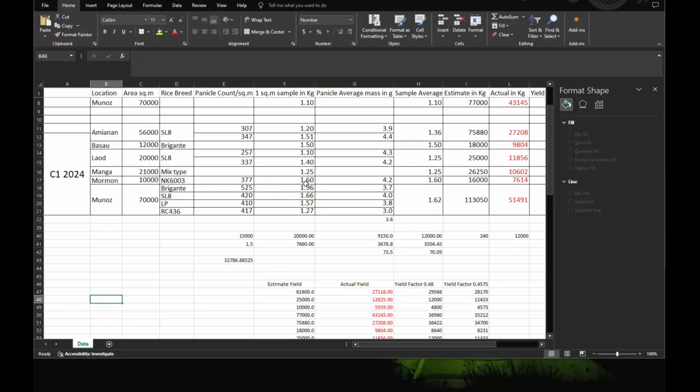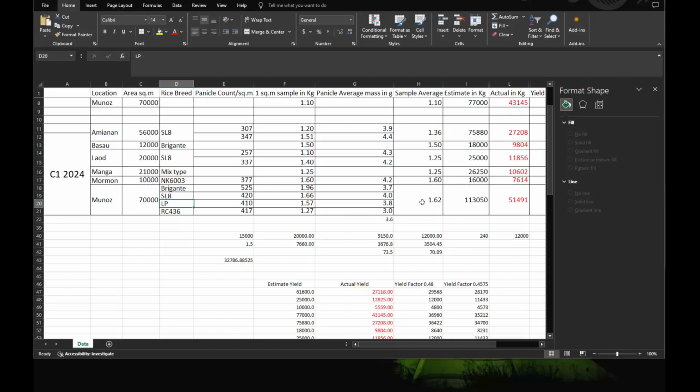I think it's really a good breed to plant. I mean, it's better than Longping, better than SL8. Okay. So here in Muñoz, I have Gigante, SL8, Longping, RC436.